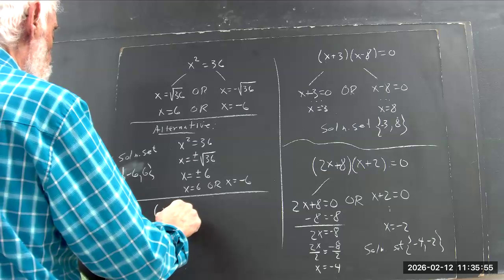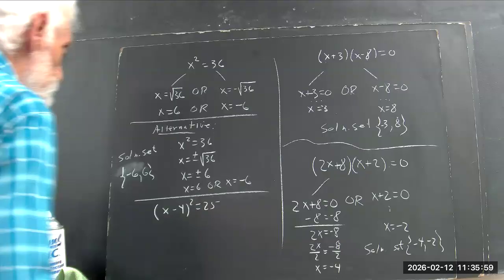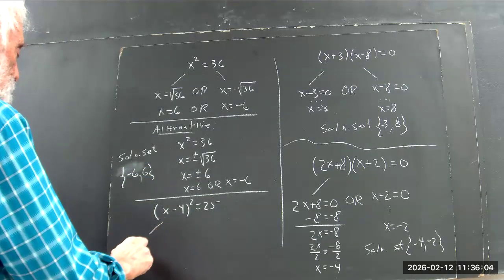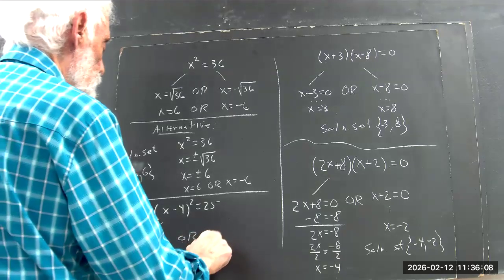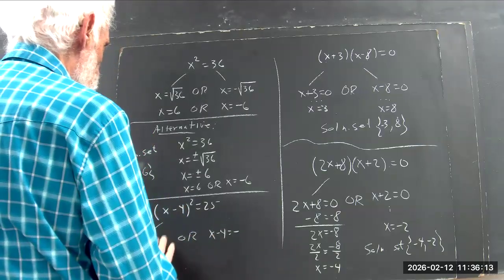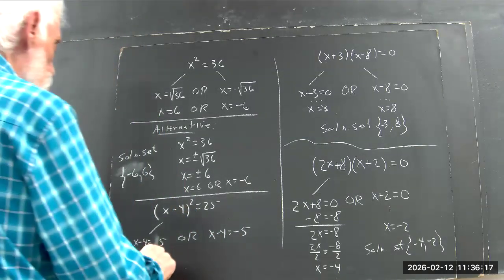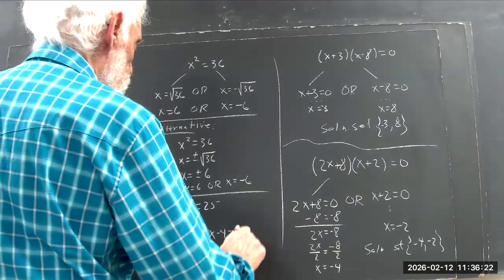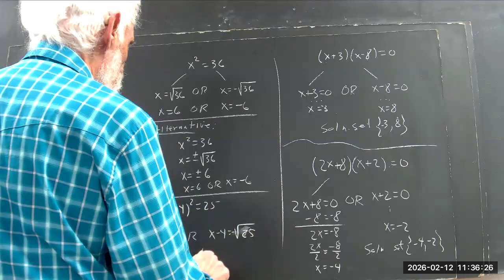Now, if we have x minus 4 squared equals 25, well, if something squared equals 25, that something is the square root of 25 or negative square root of 25.